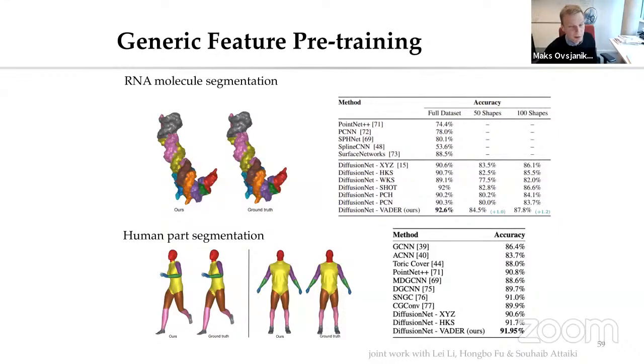One option is you learn these basis functions, project your features onto the learned basis functions, and then align those, or you can just learn the features directly and then align the features. In our work, we observed that leaving this extra degree of freedom, so instead of finding features that are directly alignable, having features that are only alignable once you project them on these learned bases, actually works better.